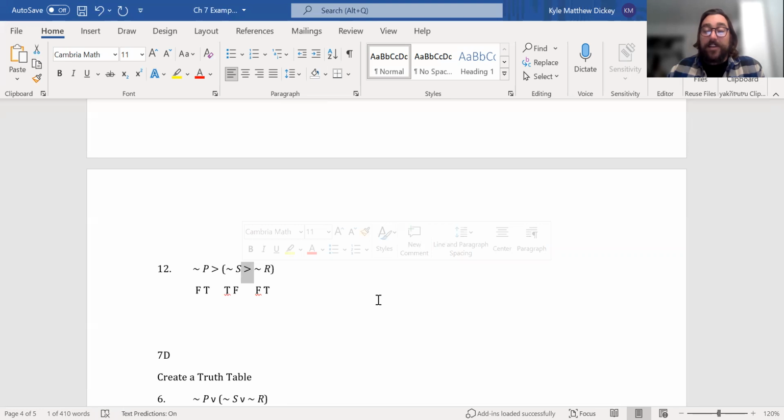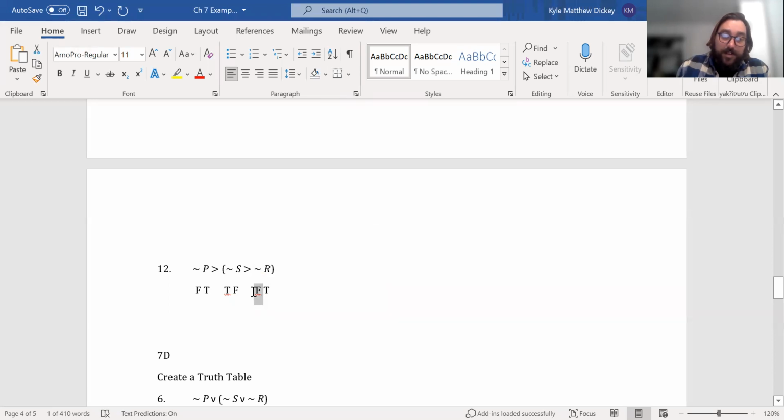That means that the only time a conditional statement is false is when the first part, the antecedent, is true, and the second part, the consequent, is false. Well, that's exactly what we have here, right? True antecedent, false consequent. So that means that the whole conditional is false. Make that bold because that's the important one.